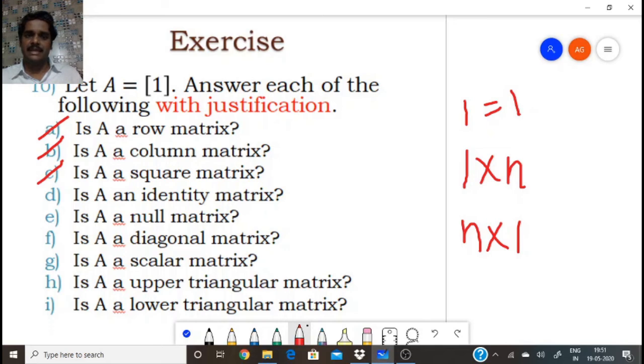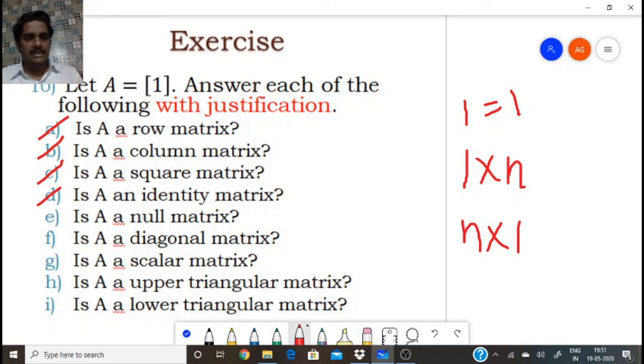A11 is nothing but a diagonal entry, and the diagonal entry according to the definition has to be 1. So that is 1. Again, definition satisfied. There is no non-diagonal entry, so we need not worry about non-diagonal entries. So yes, A is an identity matrix.